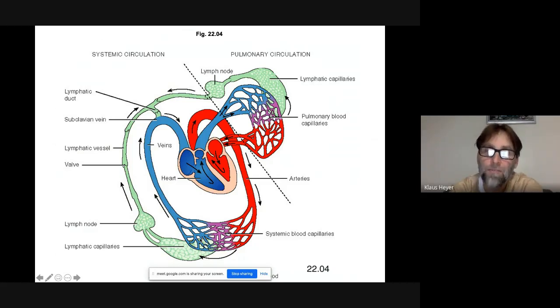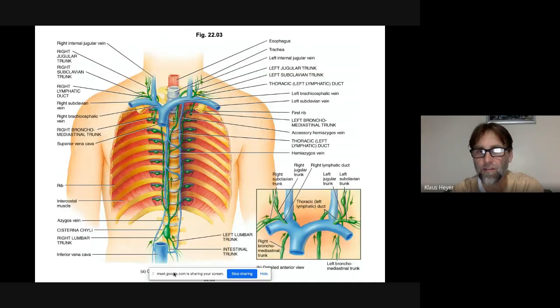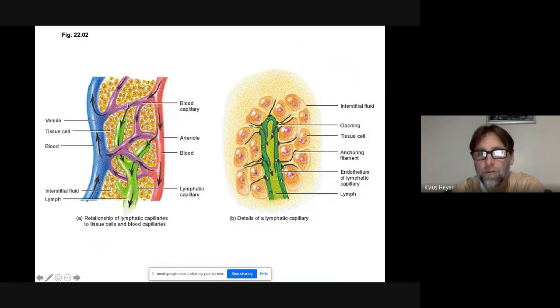So right here, most of that fluid is going to stay in the blood and it's going to come back up the vena cava. Some of that fluid through filtration ends up in the lymphatic system. It ends up in the interstitial fluid, and then the lymphatic system picks it back up. So some of the fluid ends up in the interstitial fluid, and it doesn't go back into the blood again.